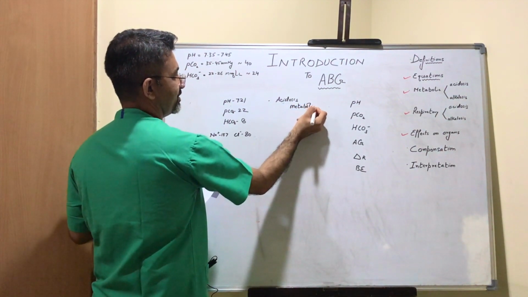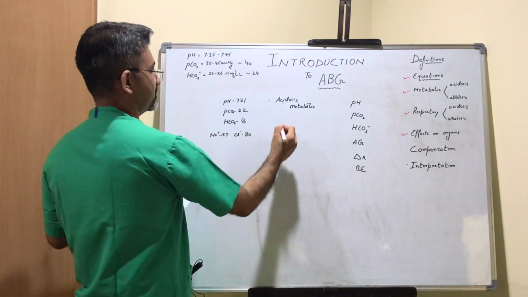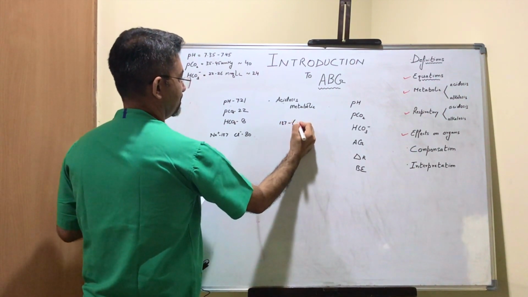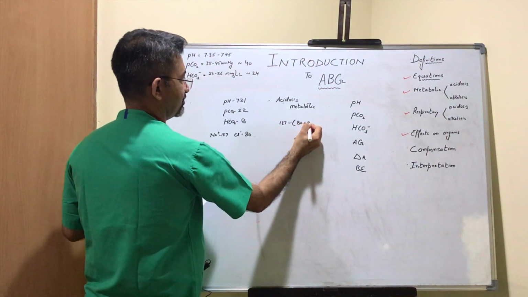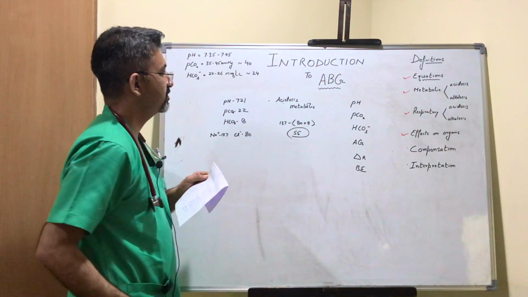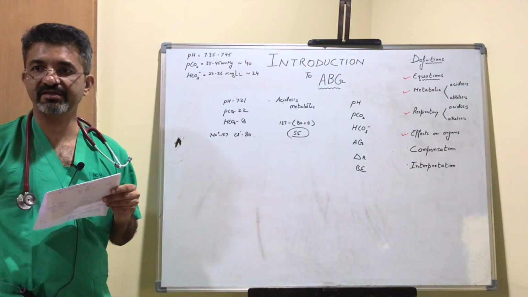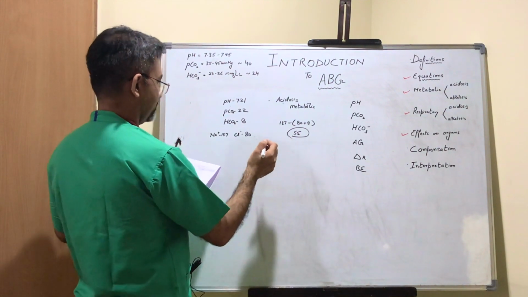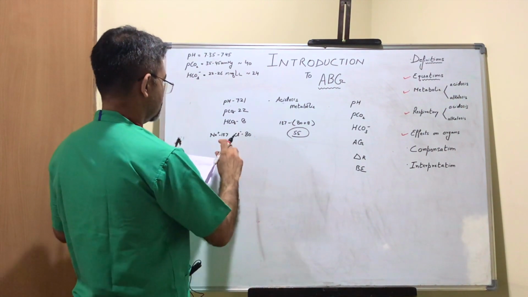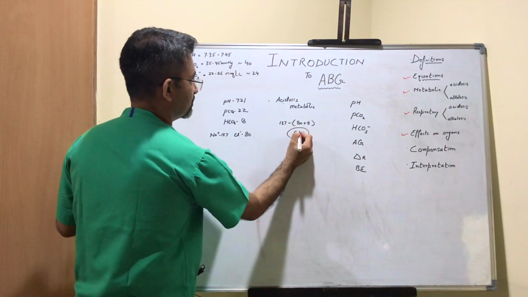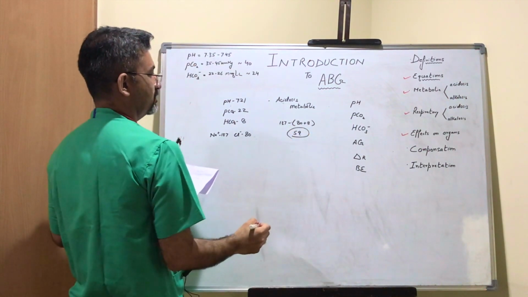Now I will calculate anion gap. It is 137 minus 80 plus 8. So it is 59. Very high anion gap. Now I will calculate the delta ratio.